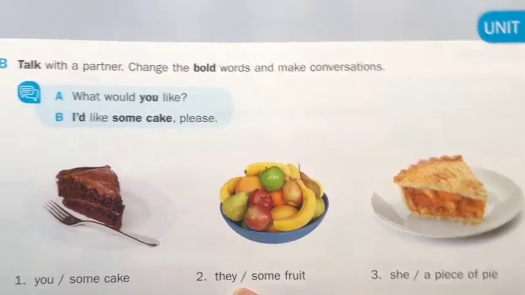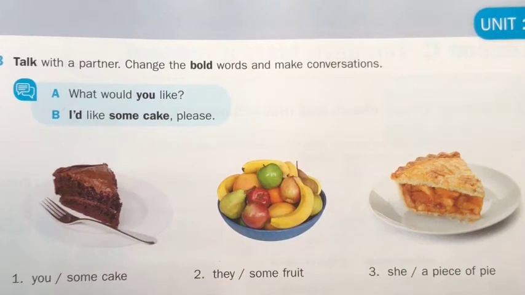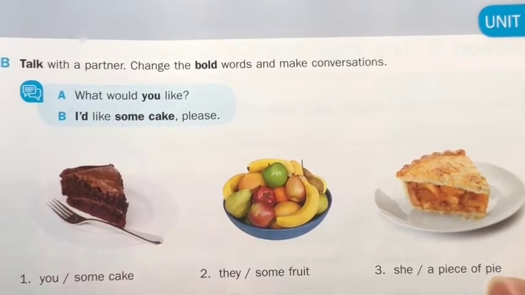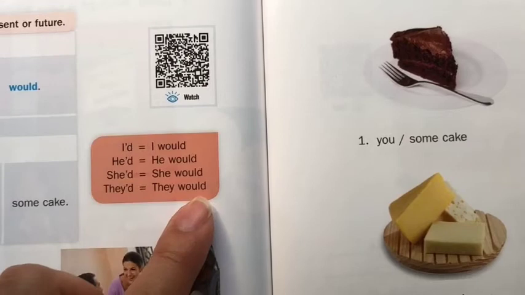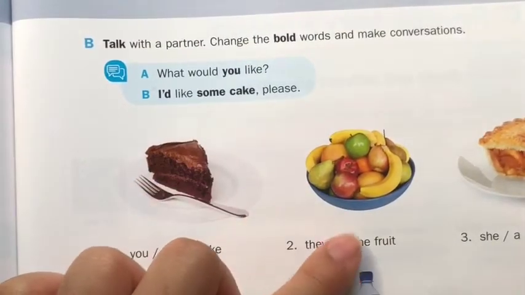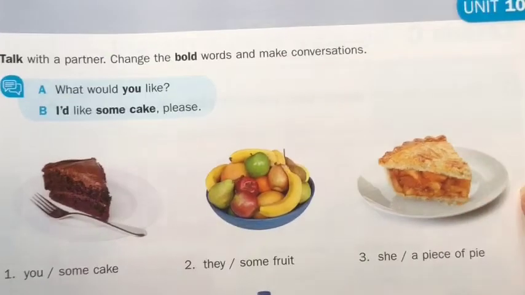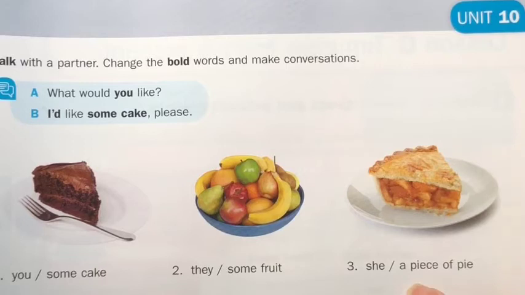Number 2, they. So let's change this sentence to they. What would they like? They'd is short for they would. So we say, they'd like some fruit, please. Number 3, what would she like?